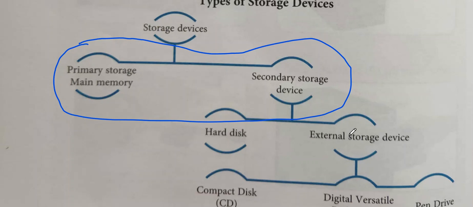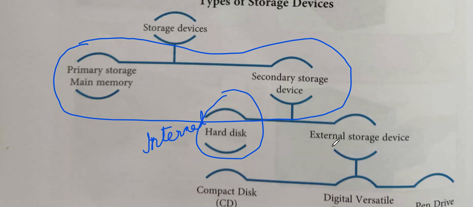But if we talk about the external storage devices, hard disk is the internal storage device. If we further classify the secondary storage devices as internal and external, then hard disk will always come inside the computer. Therefore, it is the internal secondary storage device.